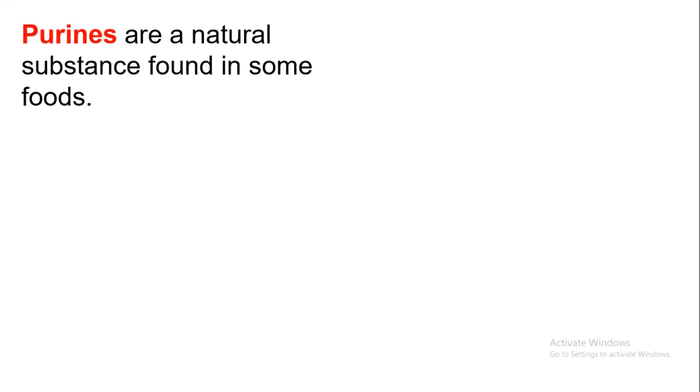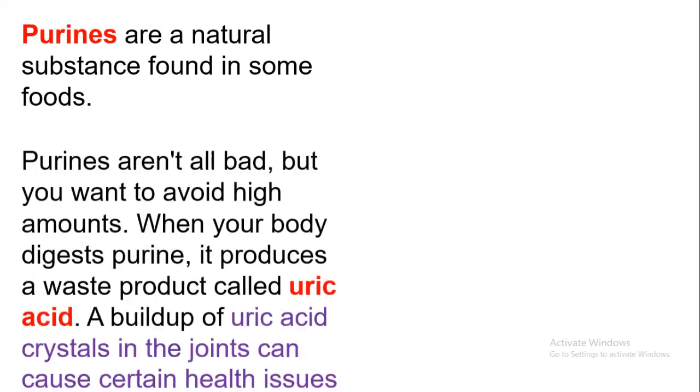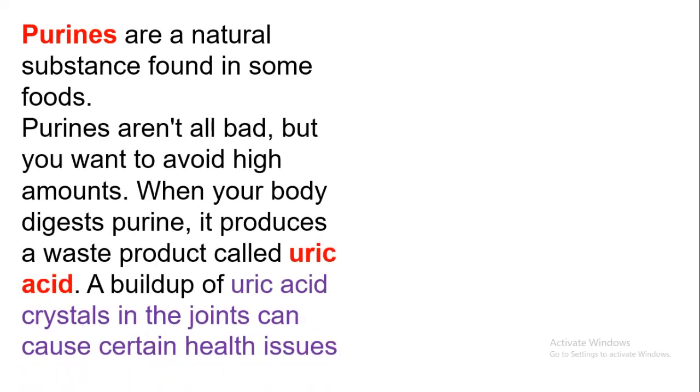So, when you talk of purine, purines are a natural substance found in some food. But this purine, when it is being reversed, it is capable of producing what? Uric acid. And when this uric acid builds up, it's able to form uric acid what?